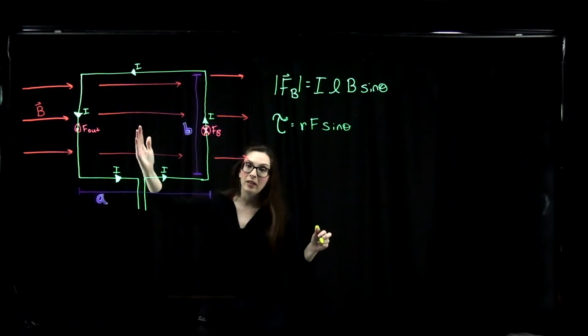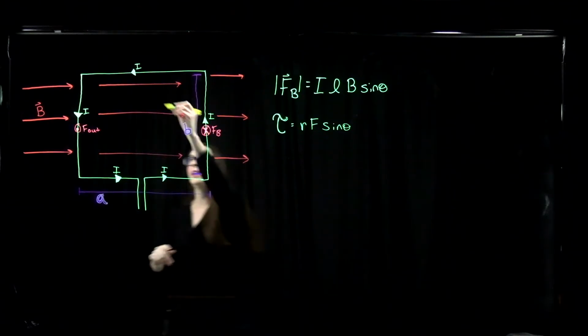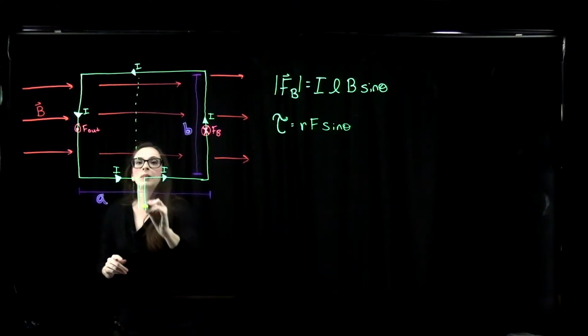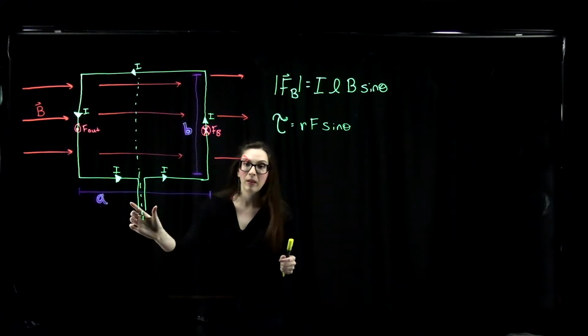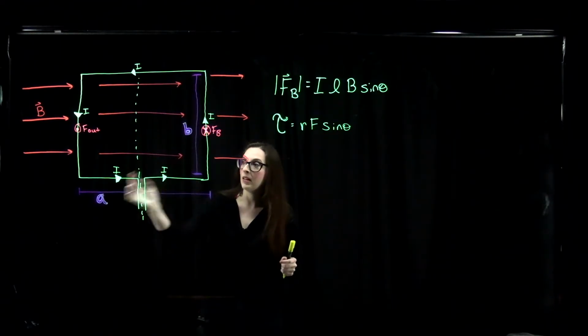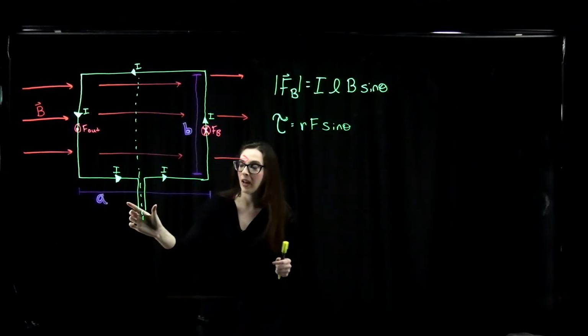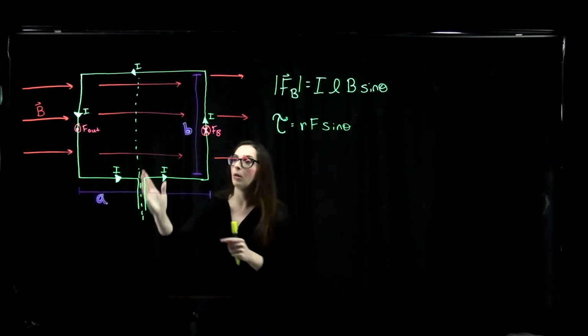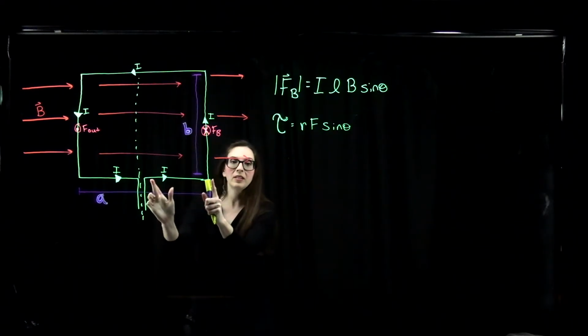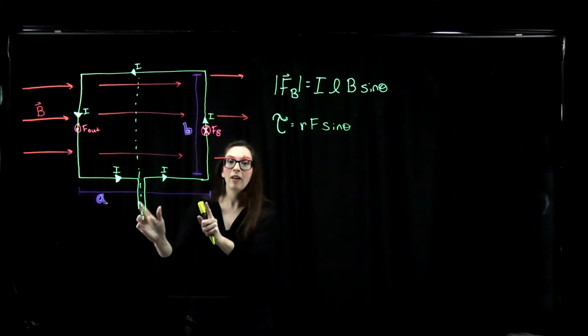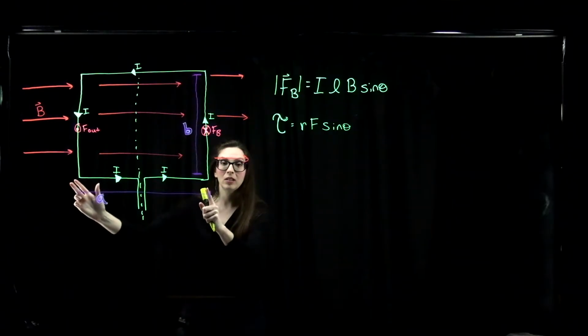So my rotation axis, this whole thing is rotating around this center. So my loop going around is connected over here, okay? And the current's coming in on this side and is coming out on this side. So it's going to rotate around this midpoint. So this R is going to be this distance here, which is half of my length of this side of the loop.